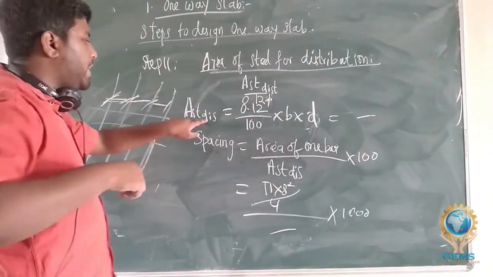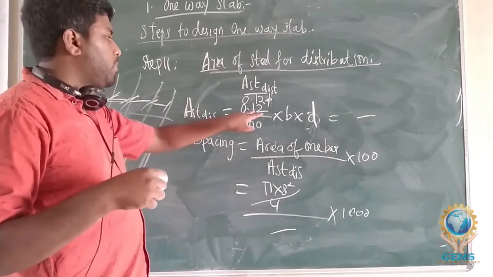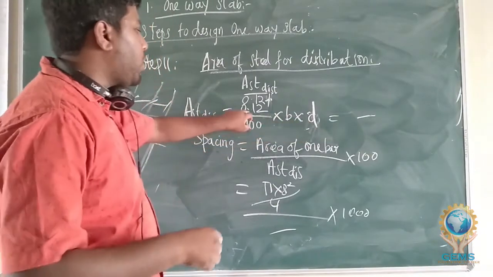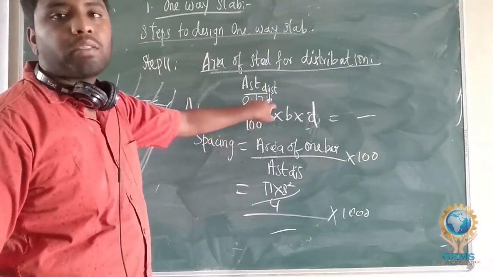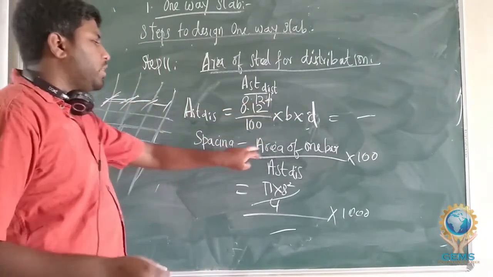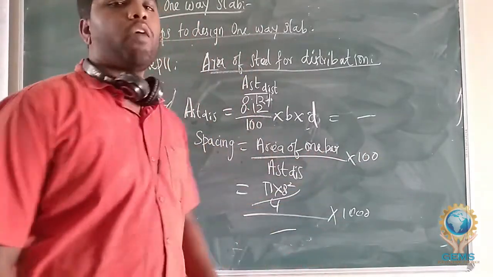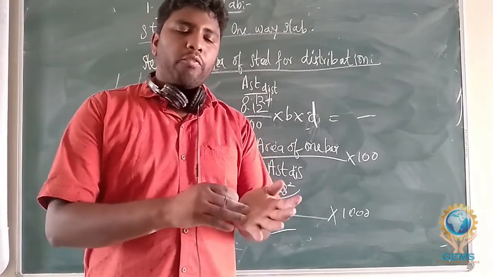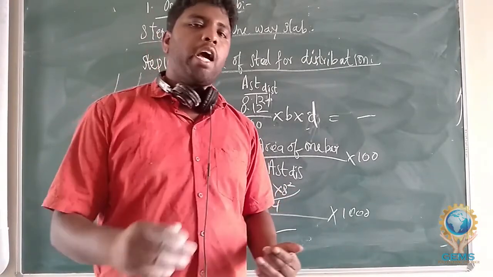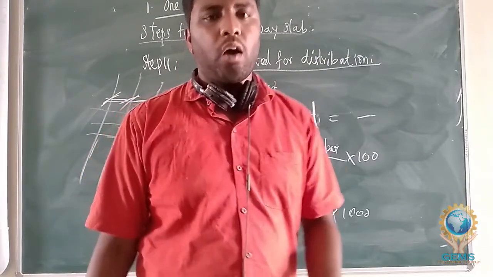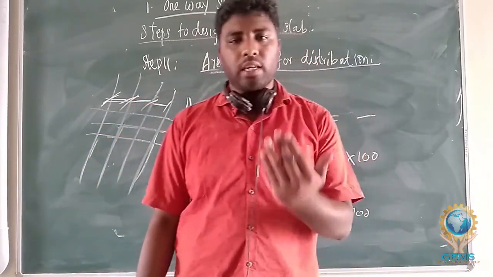Okay. For finding the area of distribution bars, the formula is 0.12 by 100 into b into D. 0.12 by 100 is nothing but 0.12 percent. Spacing is equal to area of one bar by area of distribution into 1000. Here, how will you calculate the area of one bar? If the main bar is 10 mm dia, then take a bar lesser than that. What bars are available lesser than 10 mm?